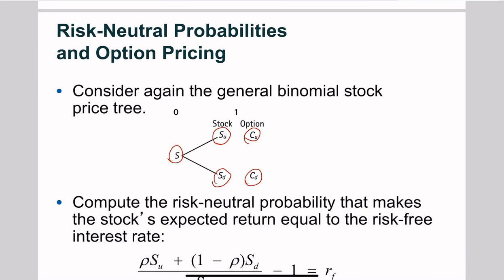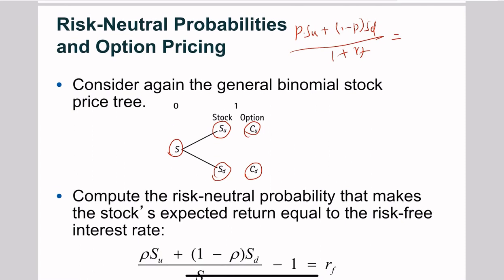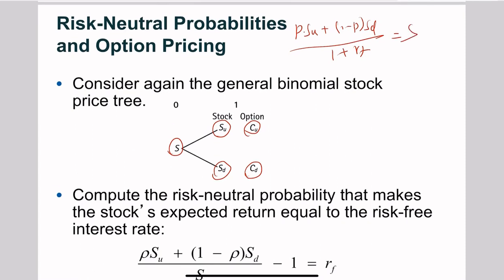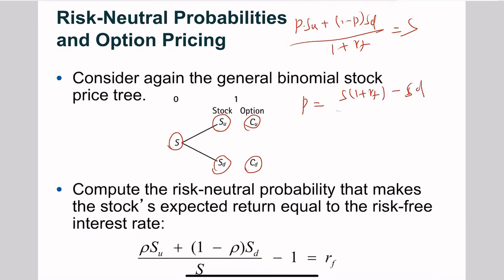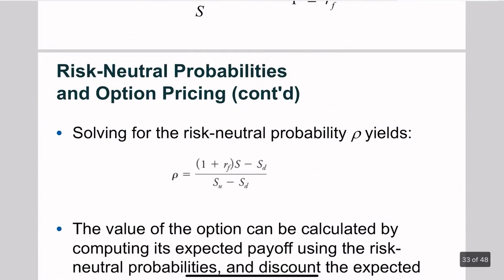We use P times SU plus 1 minus P times SD, divided by 1 plus RF, equals today's share price, which is S. This will solve for P, right? So P would essentially be S times (1 plus RF) minus SD, divided by SU minus SD. So you will get this formula here.